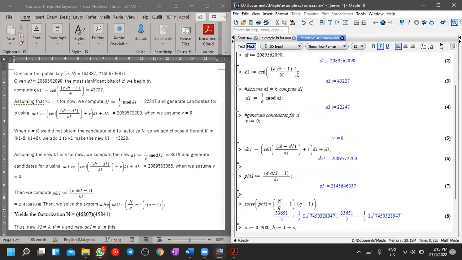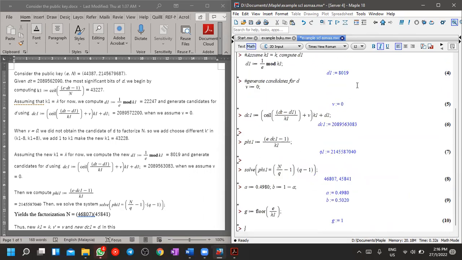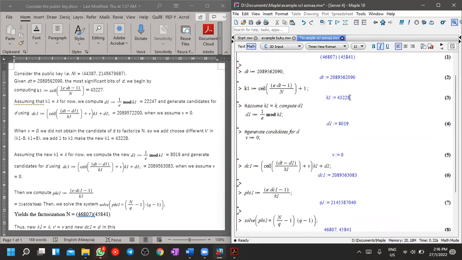We try to add 1 here to make the new k1 as this, 43228. Then we repeat the same method. We assume the new k1 equals k for now, and then we compute the new d1, which is this.